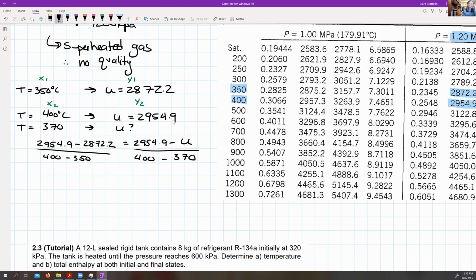So you can structure it this way. I like to structure it where I can also restructure it this way, where it's the differences in temperatures is equal to the differences in the other property.